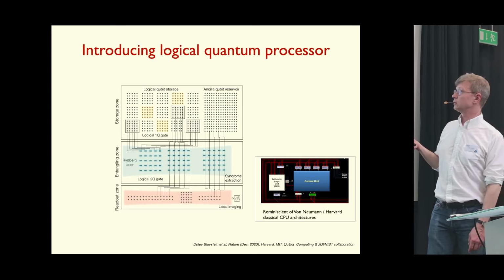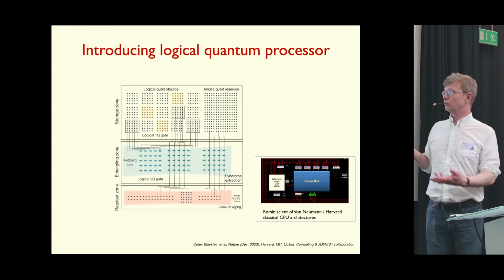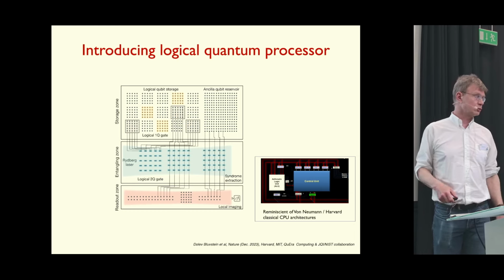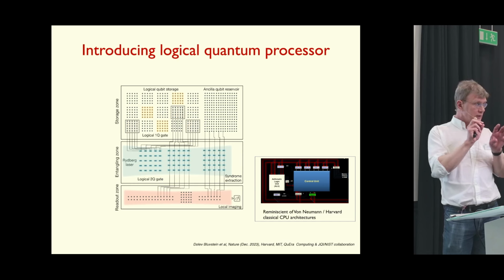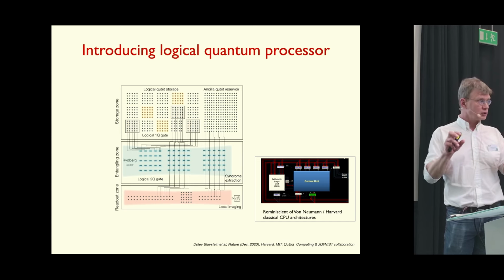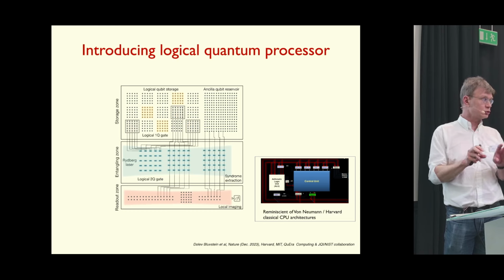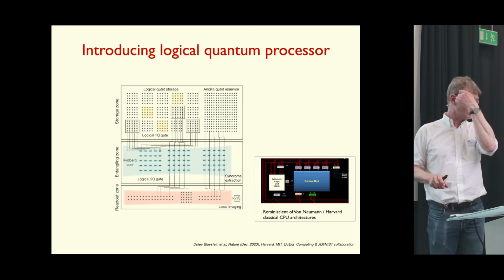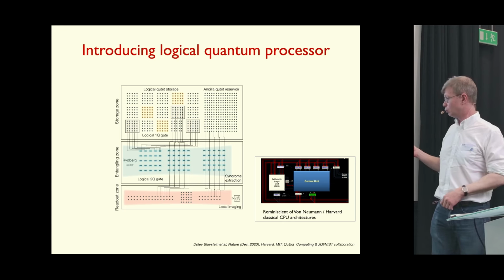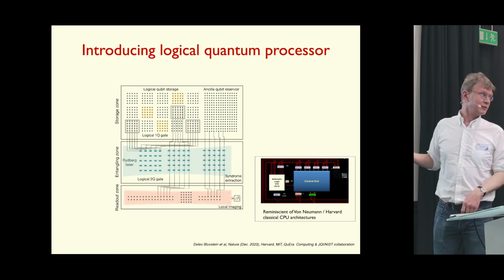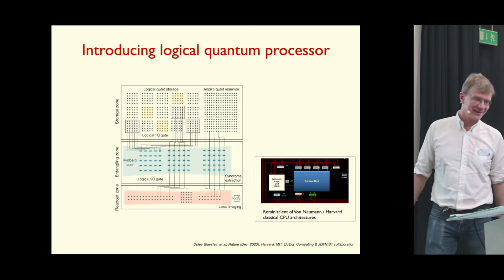You really need these zones, and efficient control over the qubits stored in these zones is what makes this approach very special. In fact, it now starts looking like a real computer.